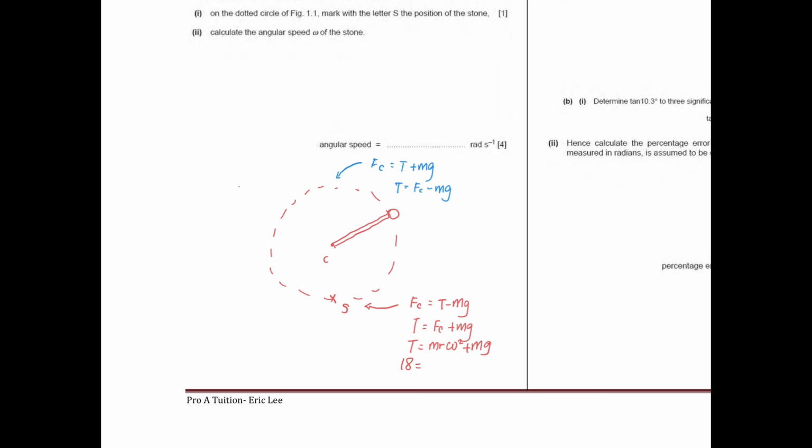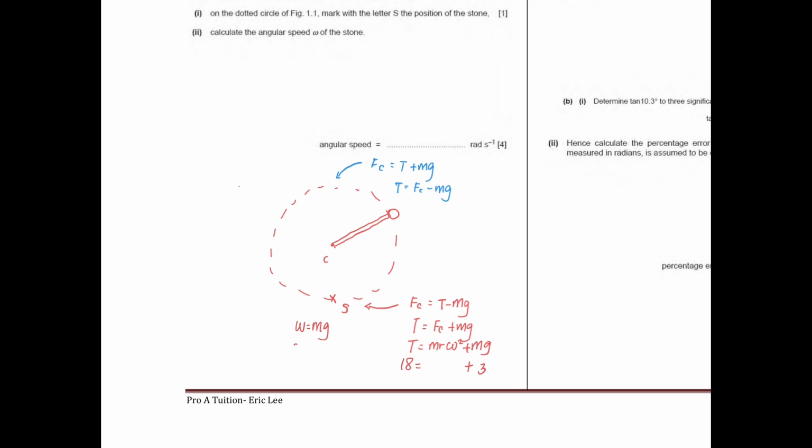Let's see first the mass. They give us a stone of weight 3 Newton. So the mg is hence 3 Newton. And then m r omega square, right? W equals mg, right?